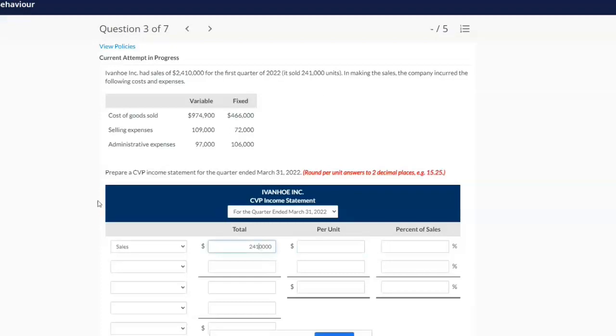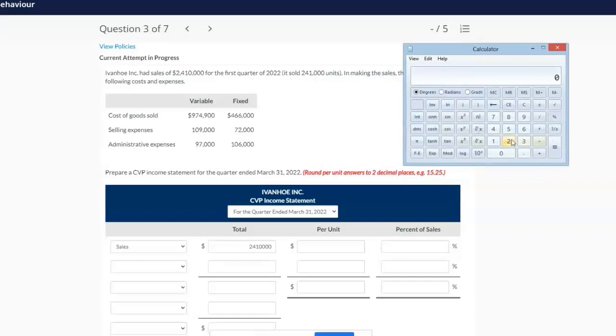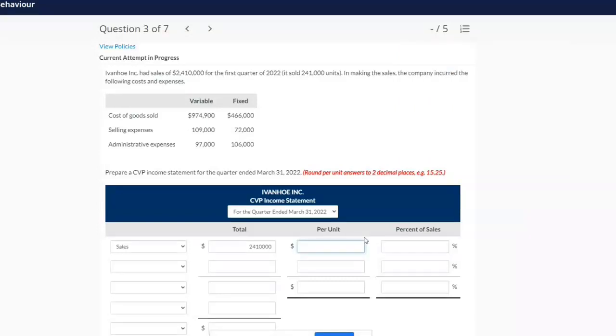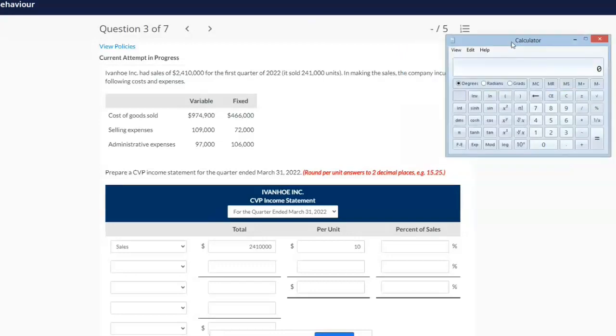So 2,410,000 divided by 241,000 is 10. Percent of sales: sales is always 100%.